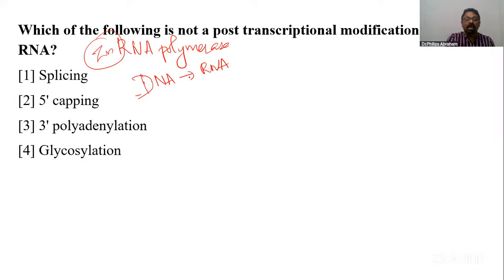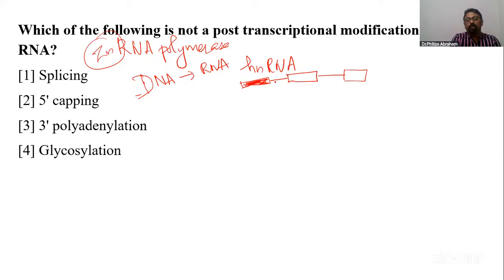After RNA synthesis, as I said, when mRNA is synthesized, it first produces hnRNA. This hnRNA will have some regions required for protein synthesis. We call these exons. We have different exons.